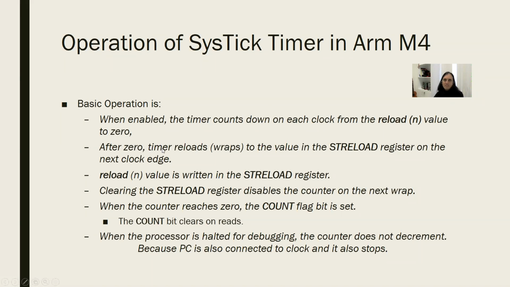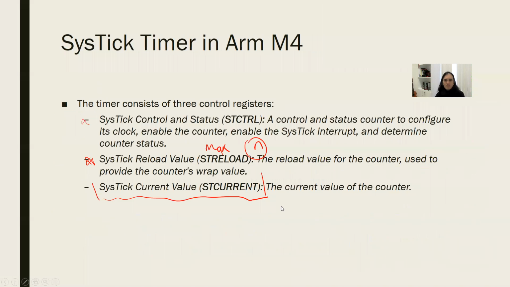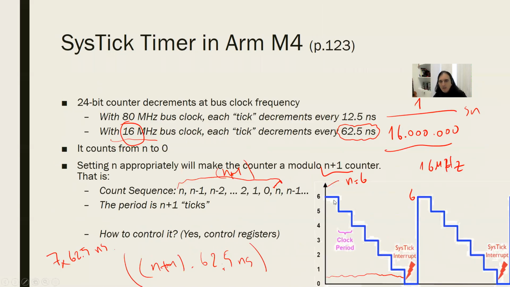So after 0, if it is enabled, it's running, it wraps to the value of ST reload. This is important, guys. What it is trying to say is, imagine it was set to 6 and it's counting backwards. While it's counting backwards, because it's happening automatically, we don't do anything.